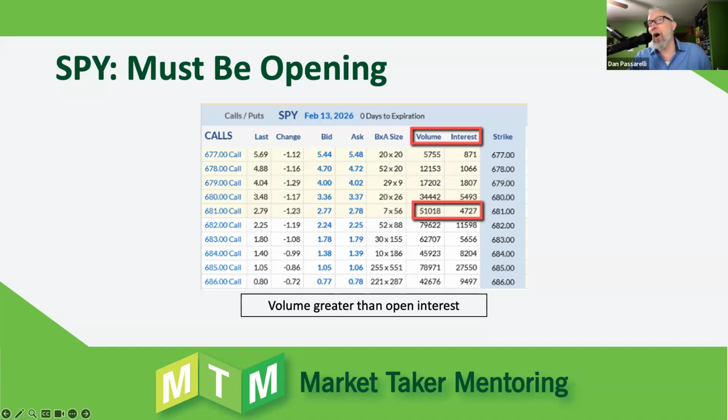It could be that some of them were closing, but clearly a lot of them were opening. Only 4,727 exist, so only 4,727 can be closed, but 51,018 traded. So the vast majority of those were opening. Could have been all opening, but we know at least for sure most were opening.